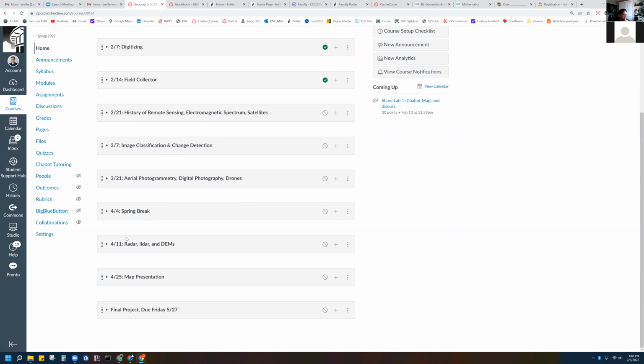Then once we get to April or so, we're going to reshift a bit and come back to ArcGIS Pro techniques related to presenting your map, actually putting your map together into something really nice that can fit into a final project you'd want to submit.